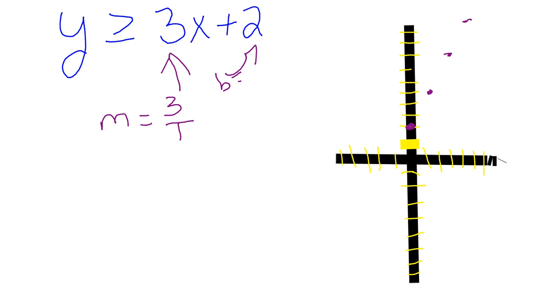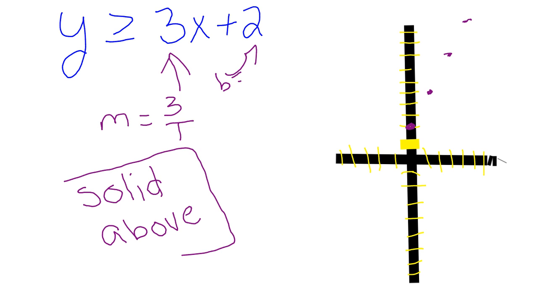So now I'm going to go back to that table and look: greater than or equal to is going to be a solid line. And because it's greater than, we're going to shade above. I always say to write these out so that I'll be able to tell whether you have the correct visualization of your graph.